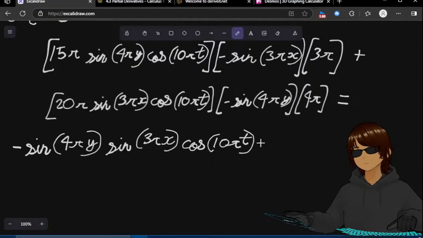Then we have pi on both sides, so pi squared. Now what? Now these are the different ones.